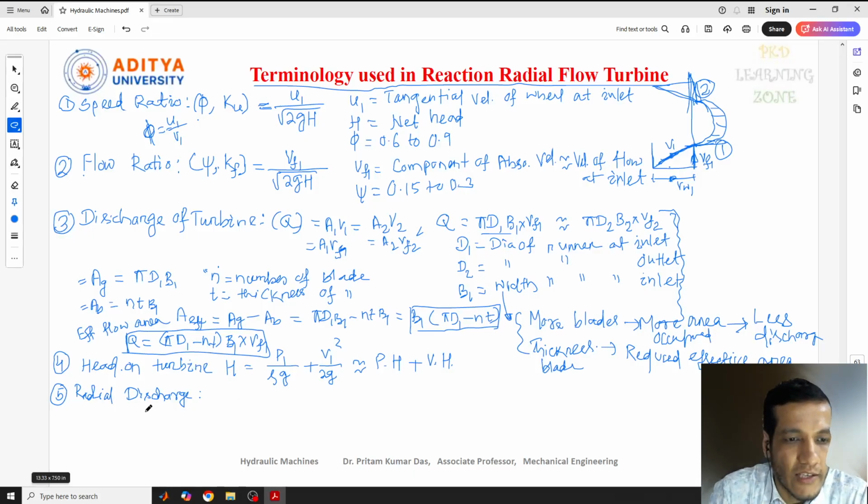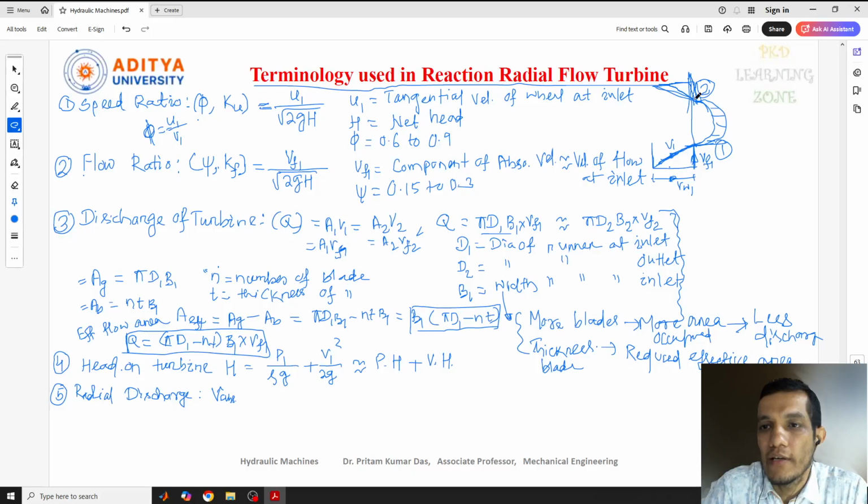This exactly means that the absolute velocity, V absolute, makes 90 degrees with the tangent to the wheel. When you see this triangle, this is our V absolute when the liquid is coming out from here. Okay, V2, and this is your relative velocity, and this is your flow velocity.